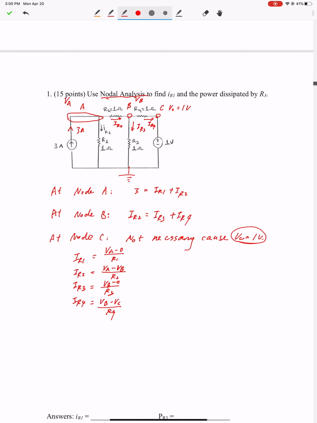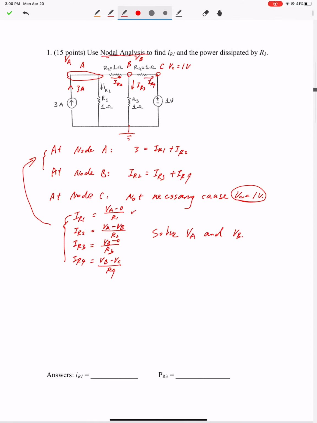And then you can plug in these four representations back into two KCL equations and solve the values for VA and VB. And after you have VA and VB, IR1 can be represented by VA over R1.